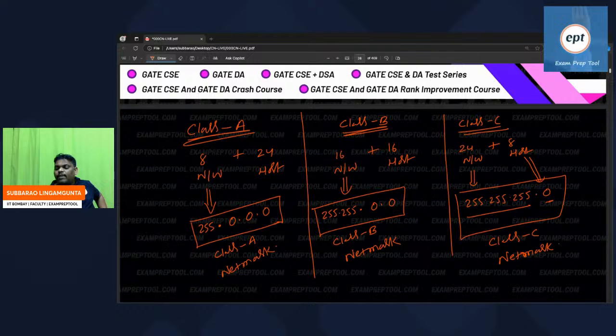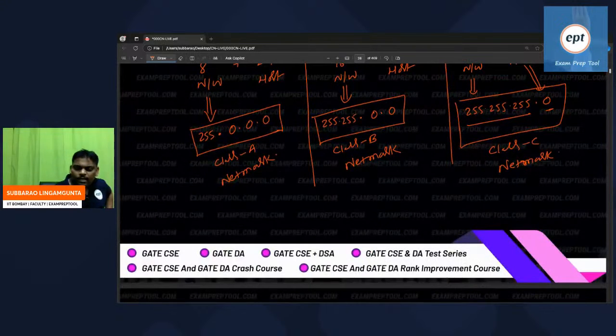Every class has a net mask. Are you okay? Some people are asking, sir, can you give the net mask definition? See the net mask definition.